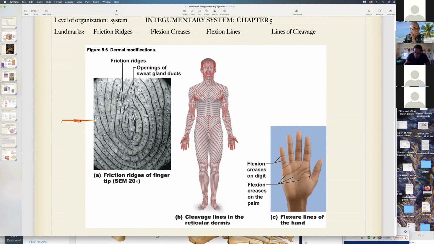Okay. And then you also have all these sets of sweat gland ducts, the orifices of all those ducts. And that is the item that would form your fingerprint. Okay.